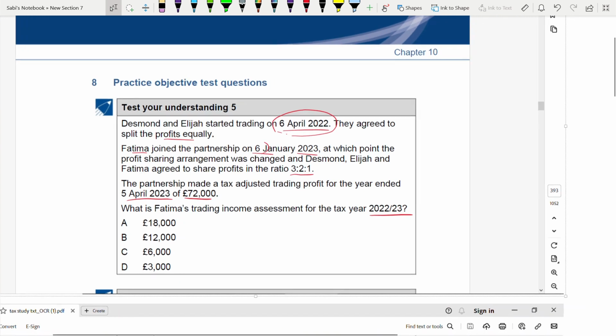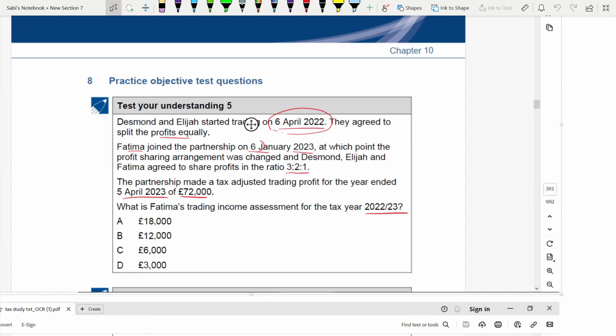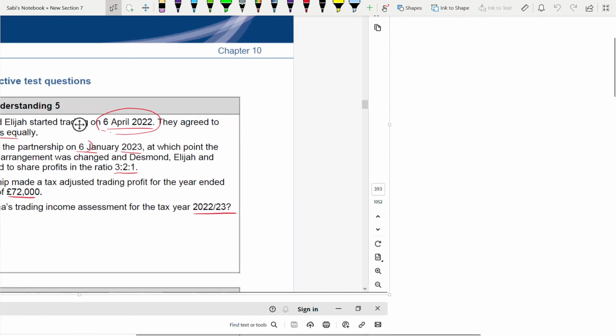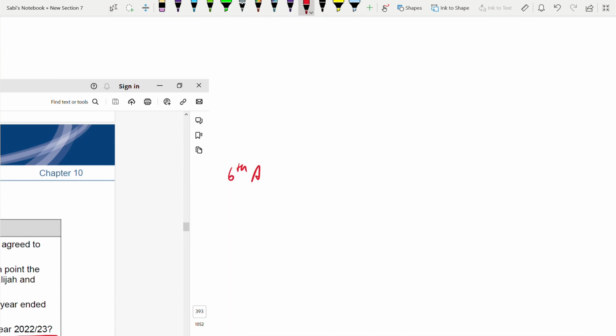So until 5th Jan. So let's quickly do that. So the time period will be 6th April 2022 to 5th Jan 2023. Okay, 9 months. So 72,000 profit will be split 9 months. And it will be split equally.